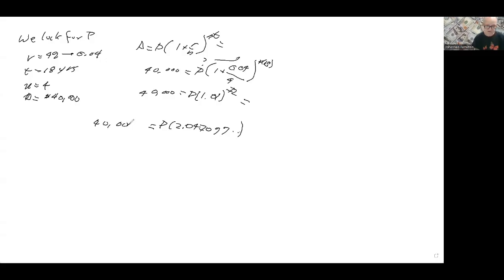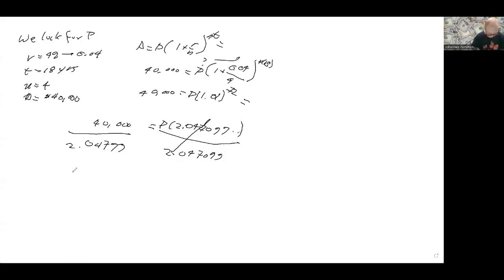So I'm going to divide both sides by 2.047099. And I'm going to divide this side by 2.047099. And so this cancels out.